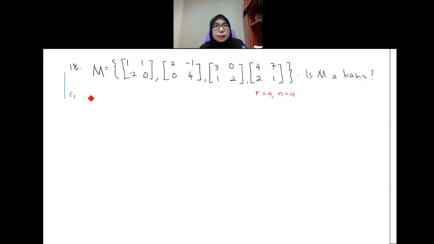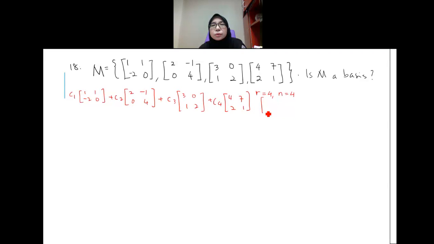First, you should write in linear combination of these vectors. Here 1, 1, negative 2, 0. Write for linearly independent. Plus C2 times 2, negative 1, 0, 4. Next one, plus C3. The third vector, 3, 0, 1, 2. Okay, C4. The fourth vector is 4, 7, 2, 1. And this is equals to 0, 0, 0, 0.